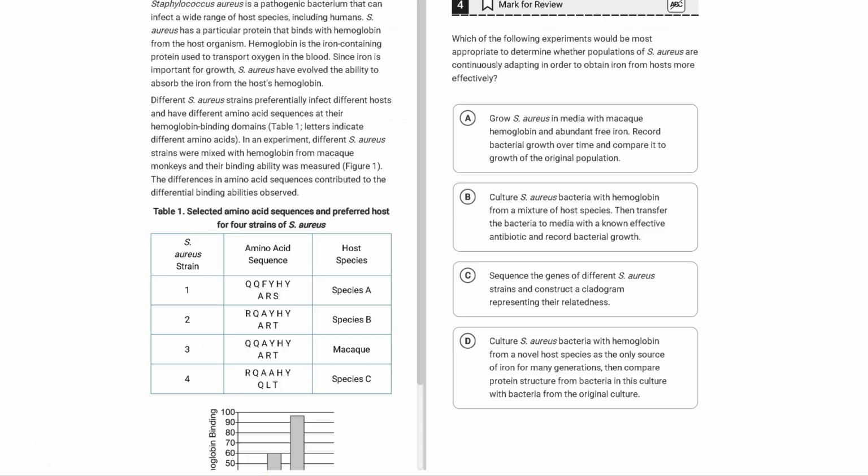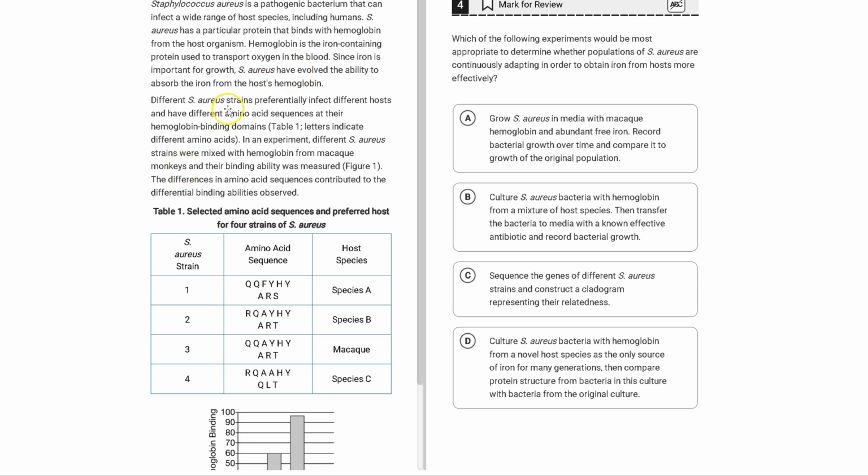And then finally, the last one. This is a fun one, very long. Staphylococcus aureus is a pathogenic bacterium that can infect a wide range of host species, including humans. It has a particular protein that binds with hemoglobin for the host organism. Hemoglobin is in red blood cells, right? Hemoglobin is an iron-containing protein used to transport oxygen in the blood. Since iron is important for growth, Staphylococcus aureus have evolved the ability to absorb the iron from the host's hemoglobin.